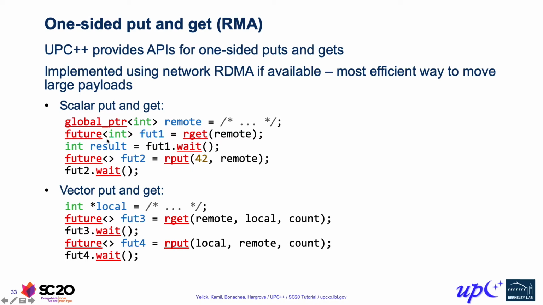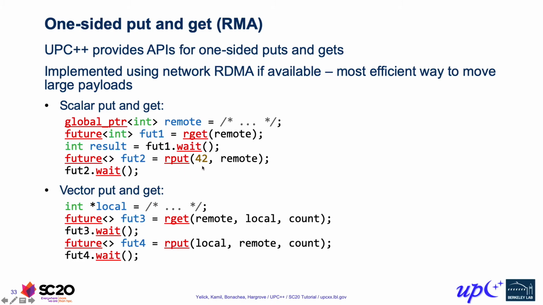Rather, we get a future that encompasses that data value. In this case, we invoked rget on a global pointer to an int, and so rget gives us back a future int. Then, like any future, we can wait on it for the operation to complete, and we get the result of that operation as the return value of wait.